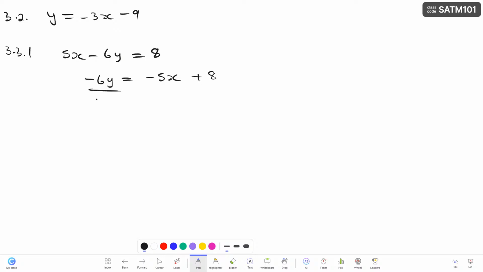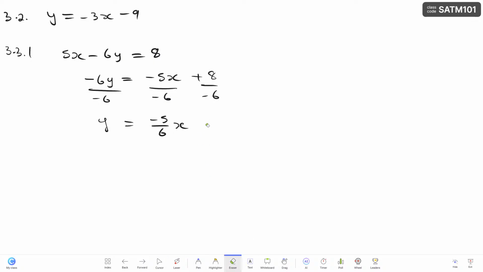Then we divide by negative 6, we divide by negative 6. So we can get our equation as y is equal to negative 5 over 6 x plus, minus, this one is going to give us negative 4 over 3. But we are more focused on the gradient, which is negative 5 over 6.